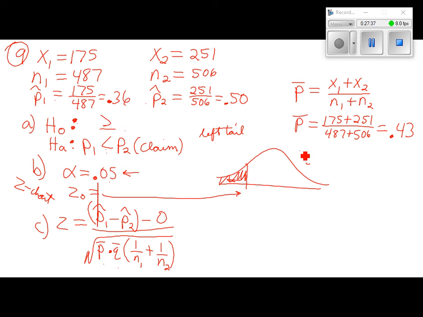To find Q bar, we just take 1 minus that 0.43. So whatever you get there, then you're going to be able to plug all that in down here in this formula. Once you figure out what that Z score is, you check, see where it falls at on there. In part D, you just decide whether to reject or fail to reject the null.